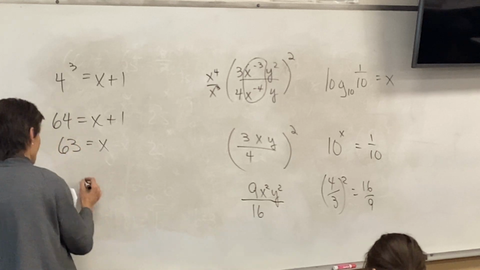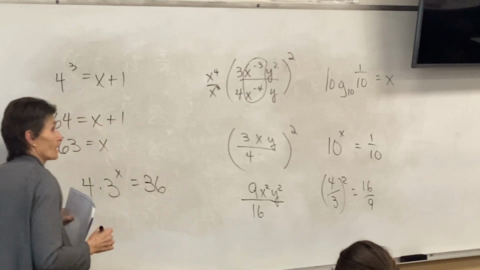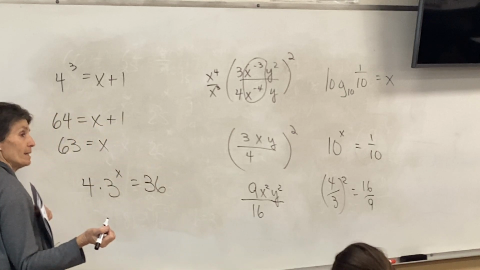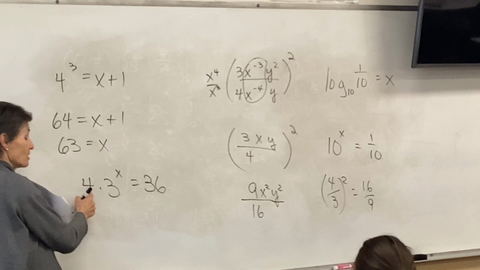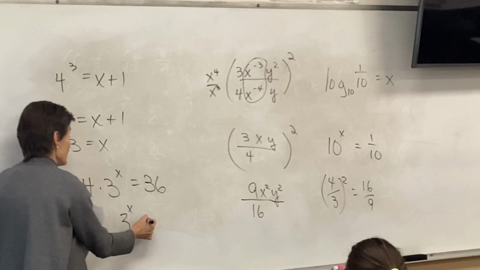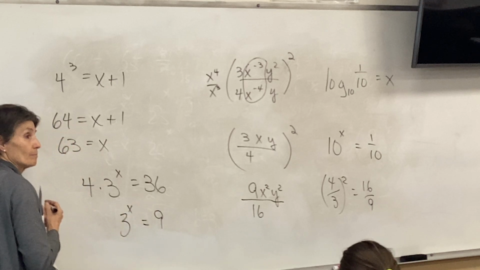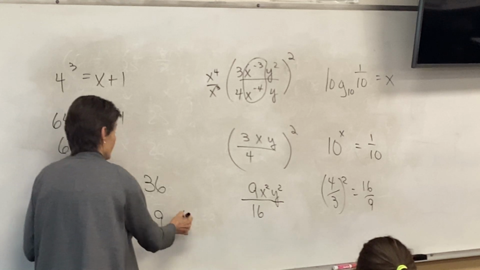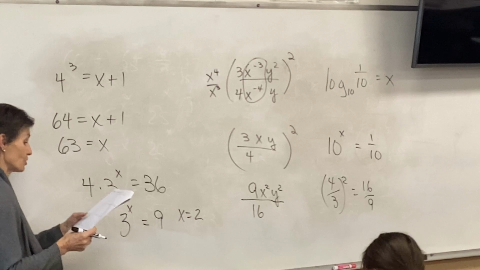All right, B. I heard a divide by 4. No. Yes. Yeah, that's an extra number out there, so we're gonna divide by 4. So 3 to the x equals 9. So x is 2. Very scary looking problem, ended up being super simple.